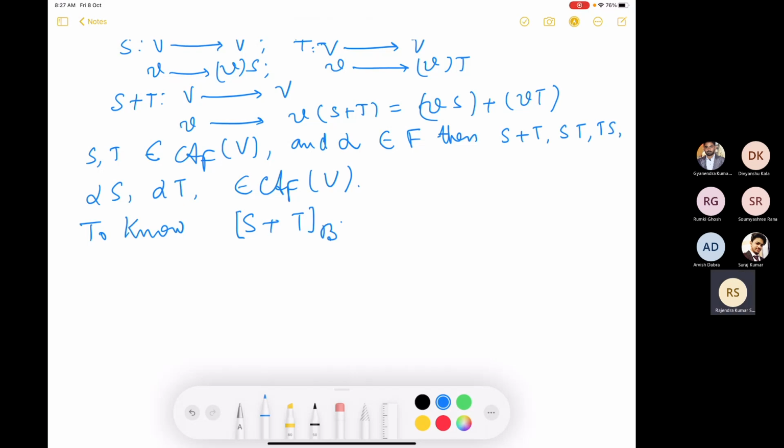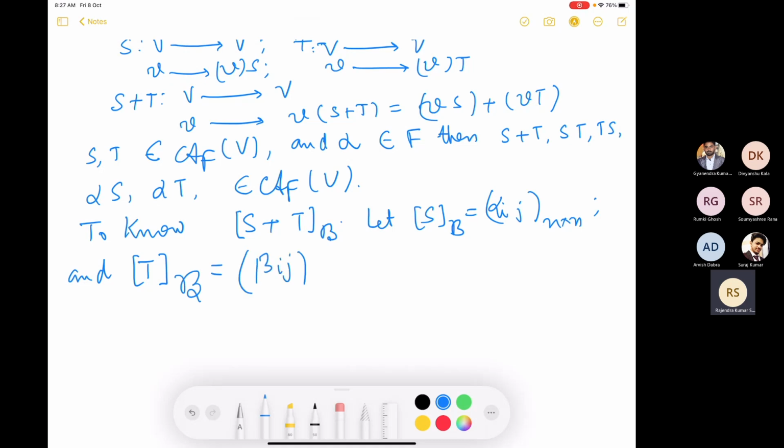All right, so suppose the matrix of S with respect to B is alpha ij, n by n, and the matrix of T with respect to the ordered basis B is beta ij, n by n.